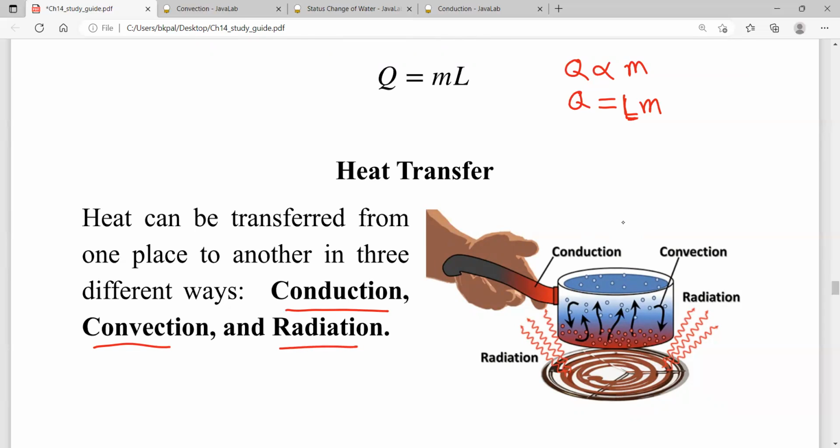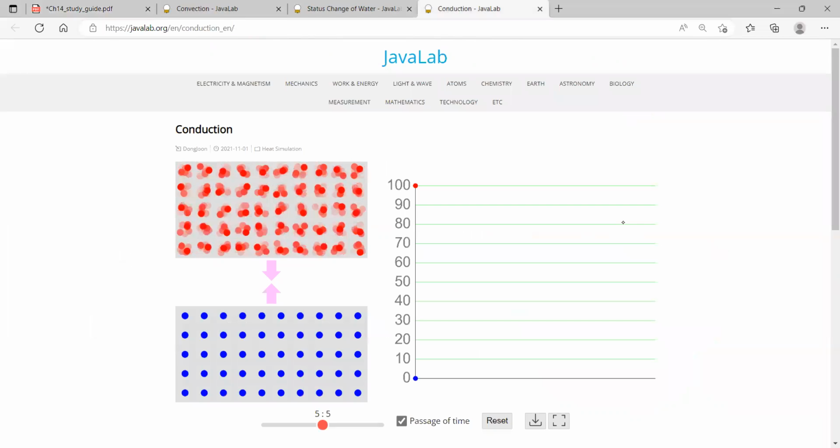Conduction you already learned a little bit earlier. It tells us that when two objects at two different temperatures are in contact with each other, heat transfers from one object to another by a method we call conduction.